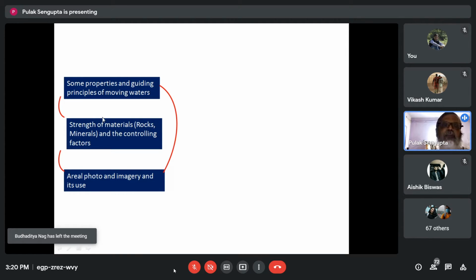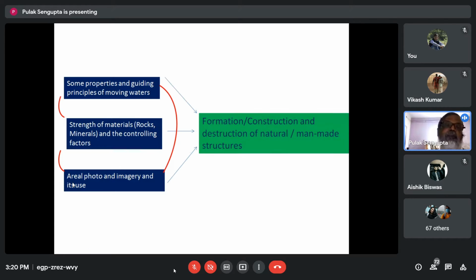The main goal is, I'm not a person qualified to discuss all the principles. But my main aim will be to use these principles to understand how a good construction, which is man-made, of course, works. When I say construction, it can be man-made, or nature forms some very stable structures. And then, using these principles, we'll try to understand the destruction of natural structures.